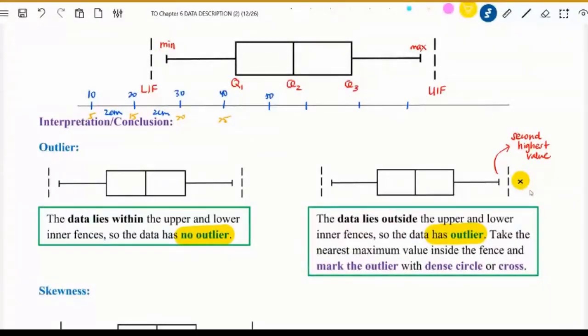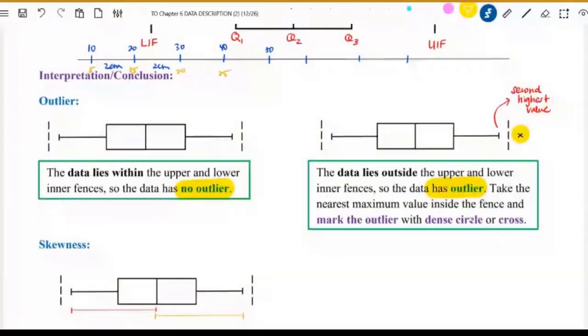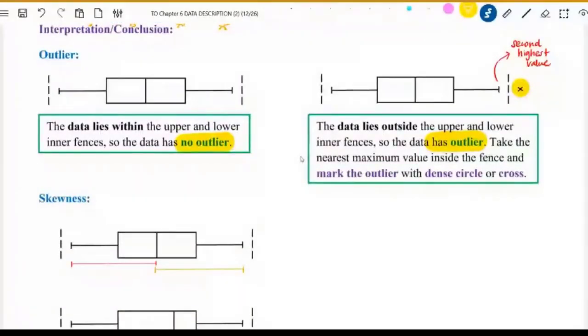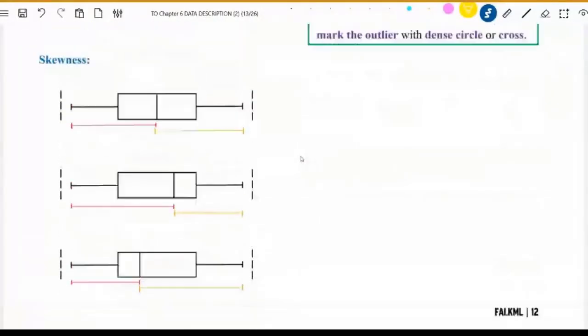Alright, so skewness. So for the skewness, we will see from the difference between the left hand side and right hand side. So left hand side tu bermaksud daripada Q2, daripada median ke minimum, and also median ke maximum. So kalau kita tengok pada first diagram, we have it the same length. So we call this one as symmetrical.